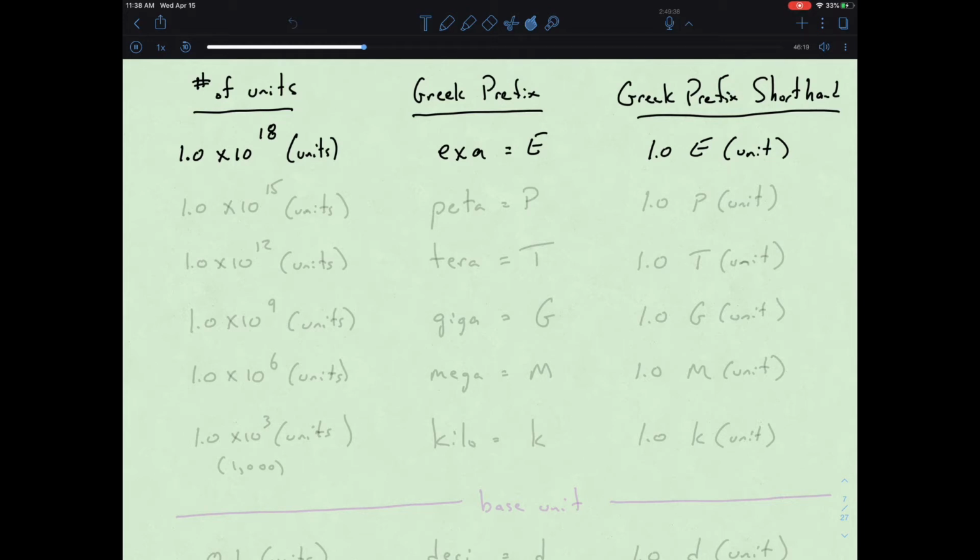So that's how we can go through these different Greek prefixes, is really just looking at how large of a number we're trying to describe. If we go down by a power of 3, we end up with peta, or capital P. And so that would be 1 peta unit.